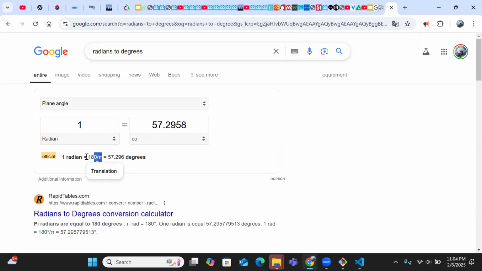Do you remember? 1 radian times 180 over pi gives the value in degrees. Or 1 radian is equal to 57 degrees. Are we together?